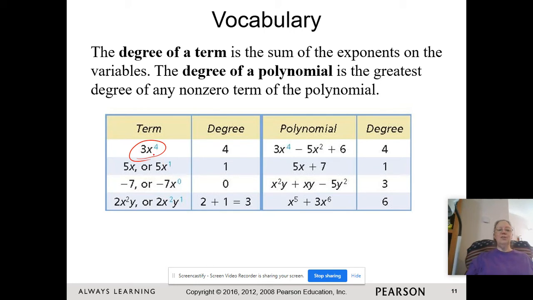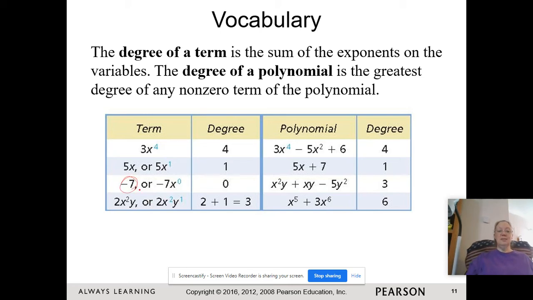We would call the degree of this term 4. The way we do that is we look at the exponent on the variable. So whatever the exponent is on the variable, that would be the degree of that particular term. For 5x, 5x is really 5x to the first power, and so the exponent is 1, which makes the degree 1. Be careful with this one.